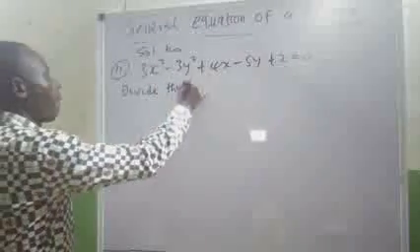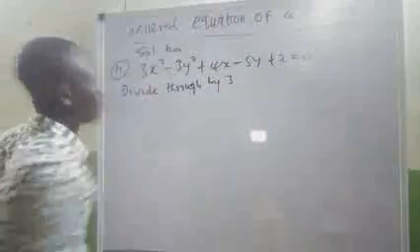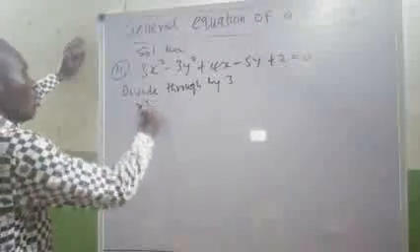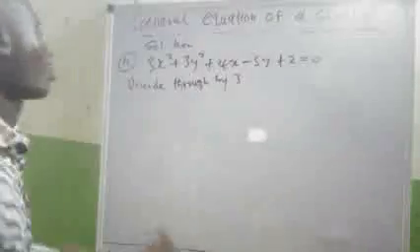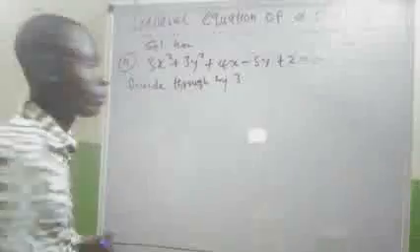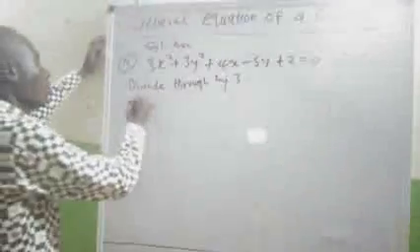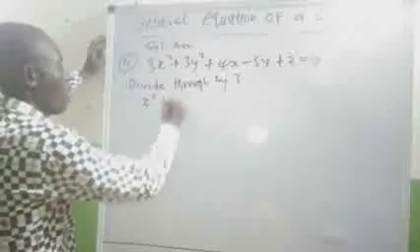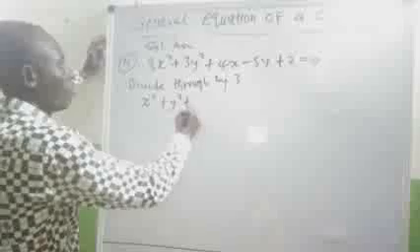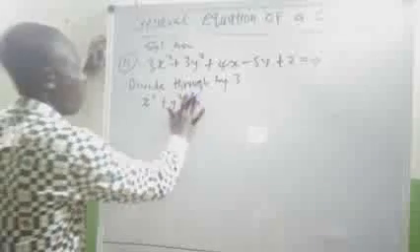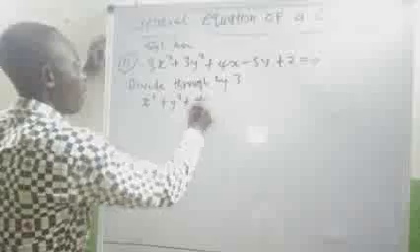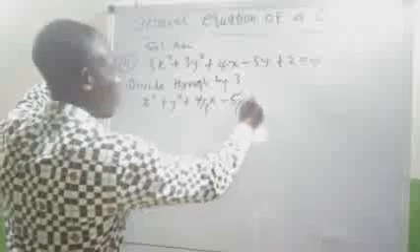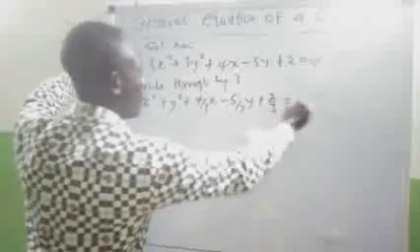If you divide through by 3, you have x squared plus y squared plus 4 over 3x minus 5 over 3y plus 2 over 3 is equals to 0.